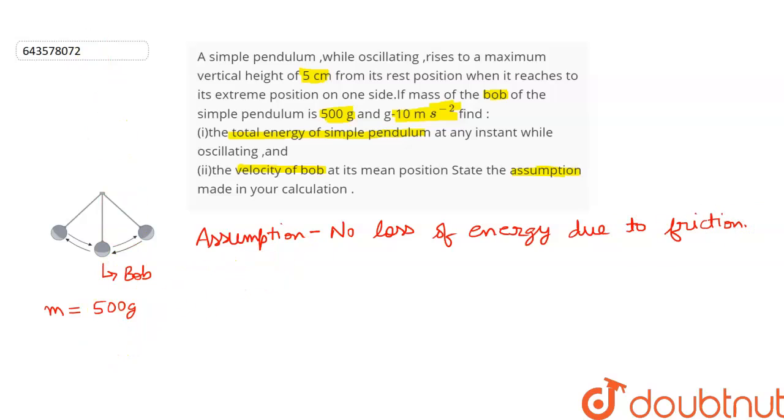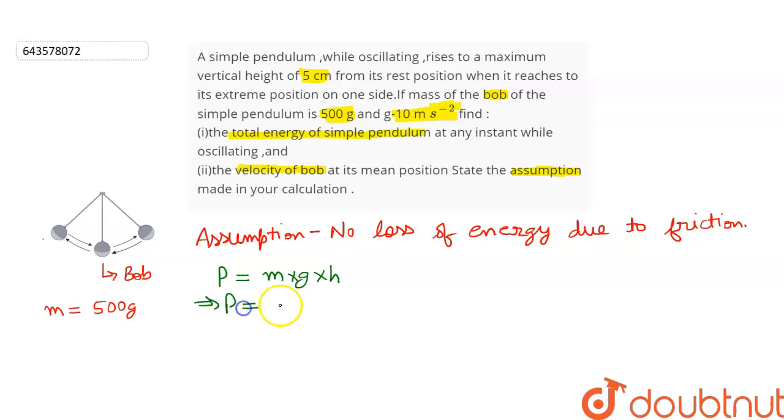If there is no energy loss due to friction, then the total energy of the pendulum will be equal to the gravitational potential energy at the end. This is the vertical end which we are talking about. So the gravitational potential energy P will be equal to m into g into h.